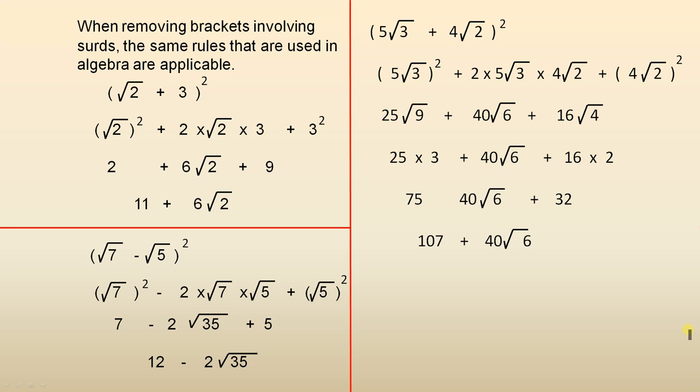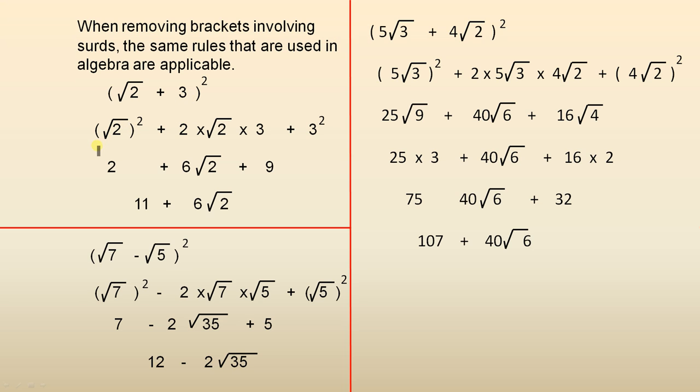When removing brackets involving surds, the same rules that are used in algebra are applicable. So when you have two terms inside the brackets and you're squaring them, if you remember from earlier videos, the first squared, the second squared, twice their product.